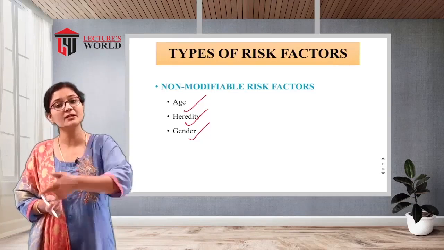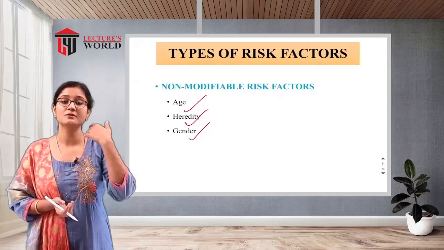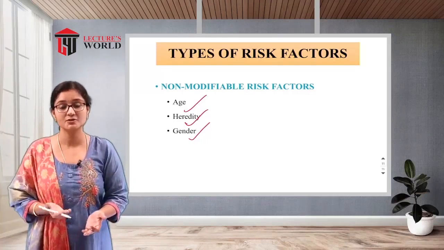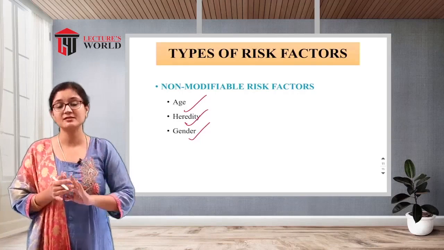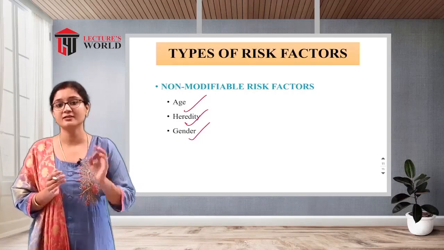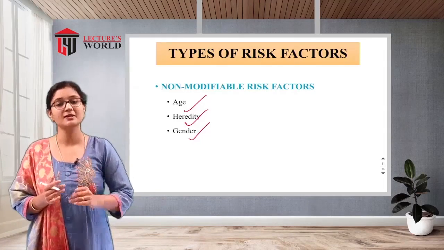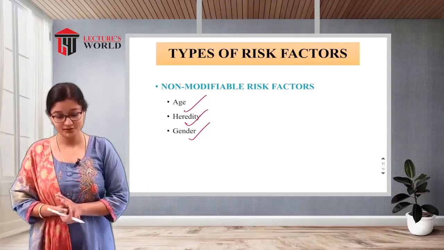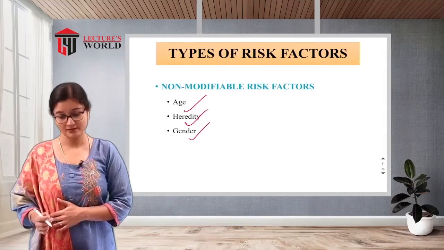The same thing, old age are prone to get more respiratory disorders, because again immunity is low. So these three parameters cannot be changed. They are fixed. You can't do anything, but you can bring about some change in your modifiable risk factors. Understood? So these are non-modifiable risk factors.